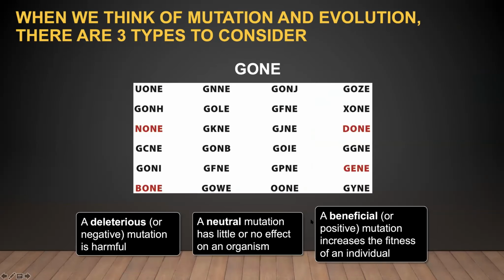All right, so here is another example when we think of mutations in evolution. There are things that we can consider. A mutation could be really bad, harmful. It may cause that particular organism to not live. The mutation may be neutral in that it has little to no effect on the organism, or it may be beneficial. So maybe that mutation increases what we call the fitness of the individual.